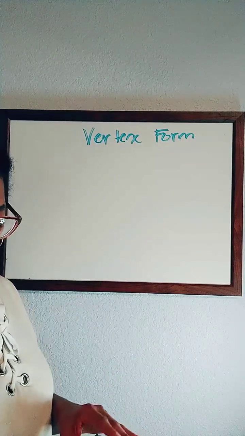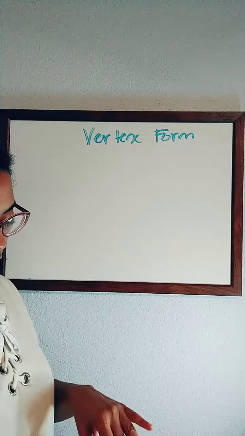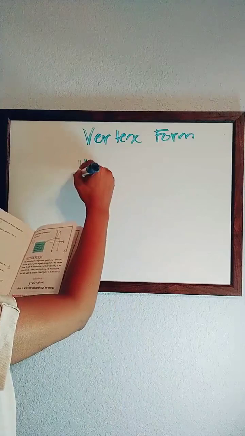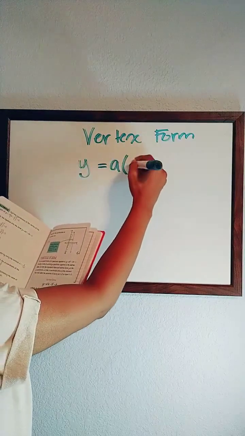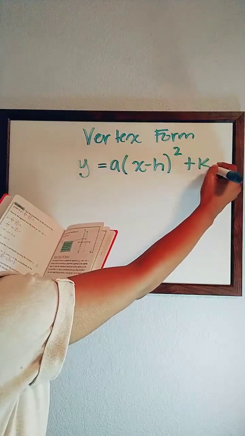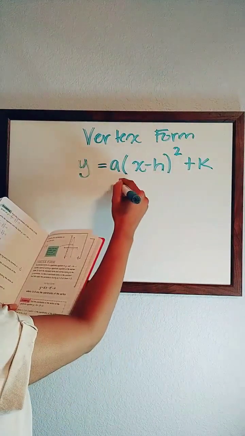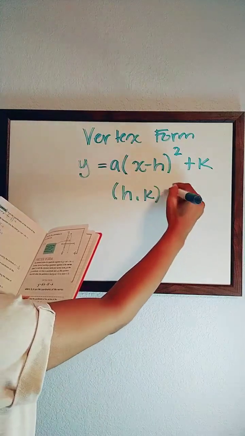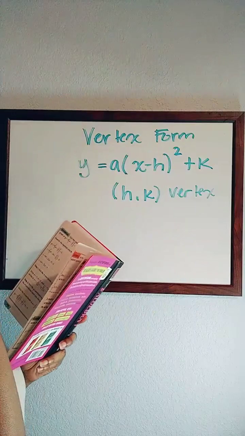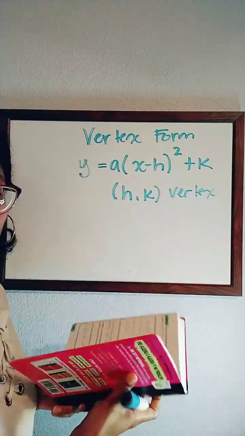Finding the points. Okay. So if you're doing the vertex form, so for instance, if you're doing y is equal to a times (x minus h) squared plus k, then your coordinates are going to be h and k. That's your vertex. So anytime the equation is written like this, okay.